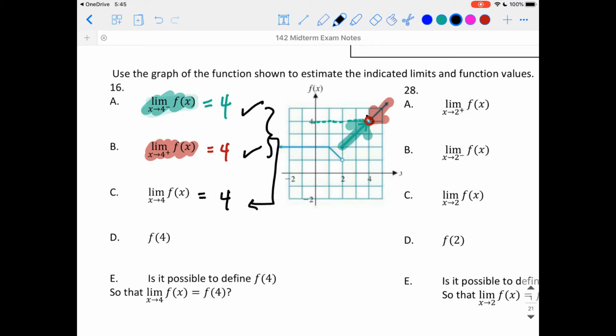Part D says f of 4. Well, f of 4 from your previous math days is technically asking you what is the y value when x is 4. So I'm going to write that down just as a refresher. What's the y value when x is equal to 4?